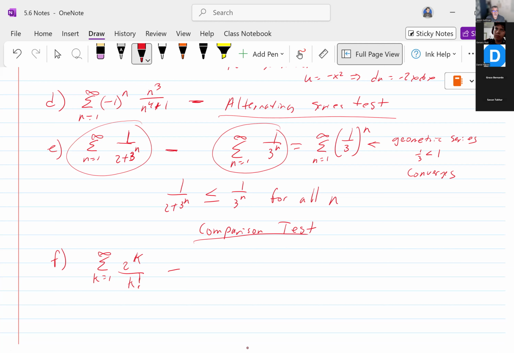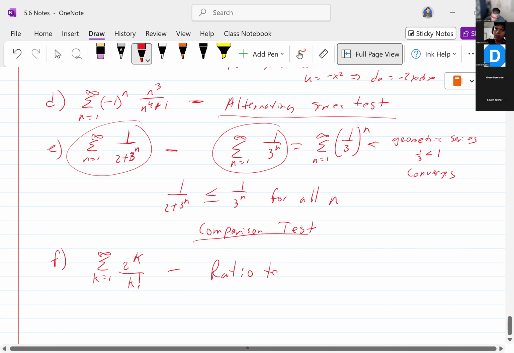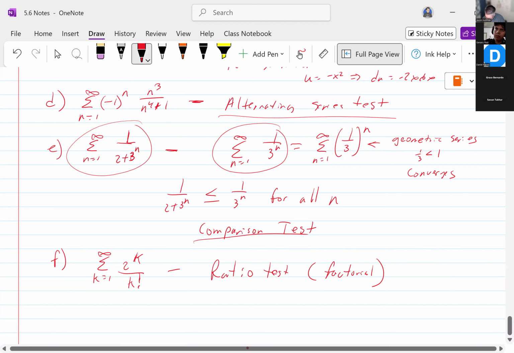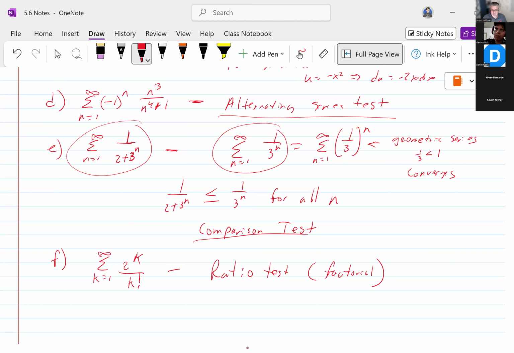The ratio test? Yeah, thank you, Daniel. The ratio test. It has a factorial. So it kind of screams out, use the ratio test. Okay, and that's it for 5.6.